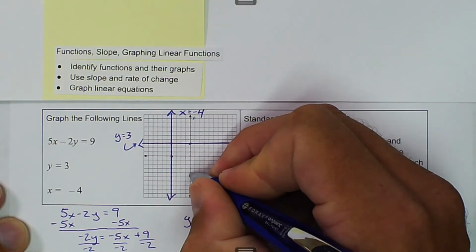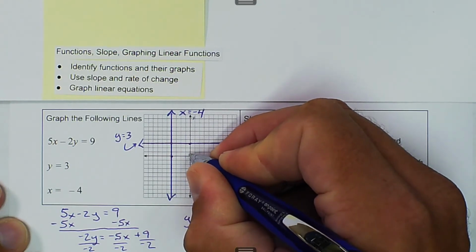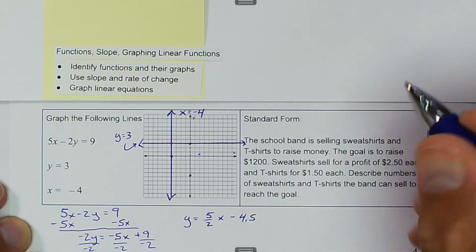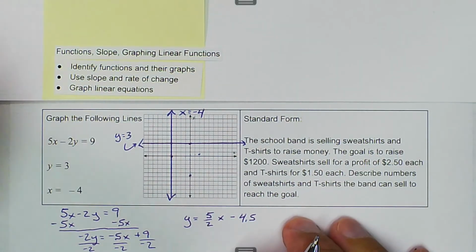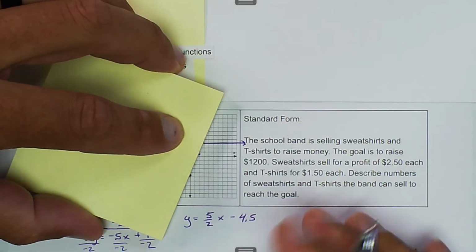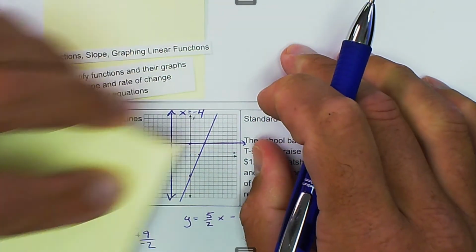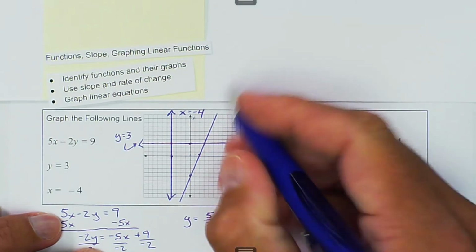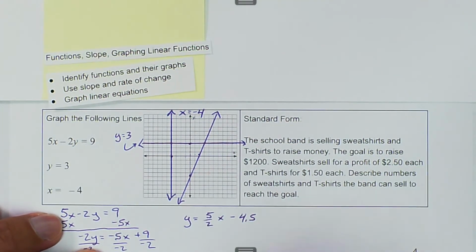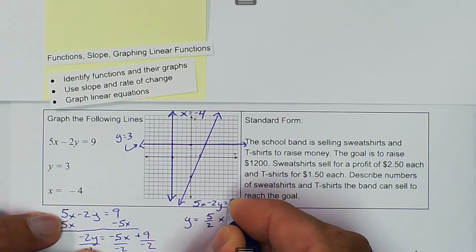So 1, 2, 3, 4, 5, and then over 2, 1, 2. And then we should have our line that goes between those. And then so that's the equation, 5x minus 2y is equal to 9.